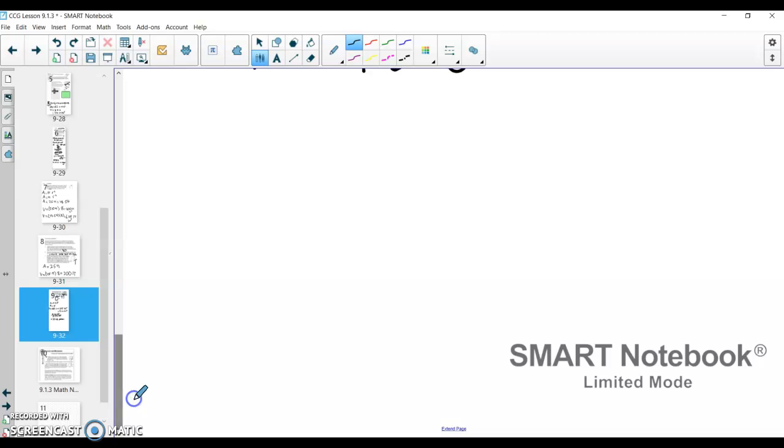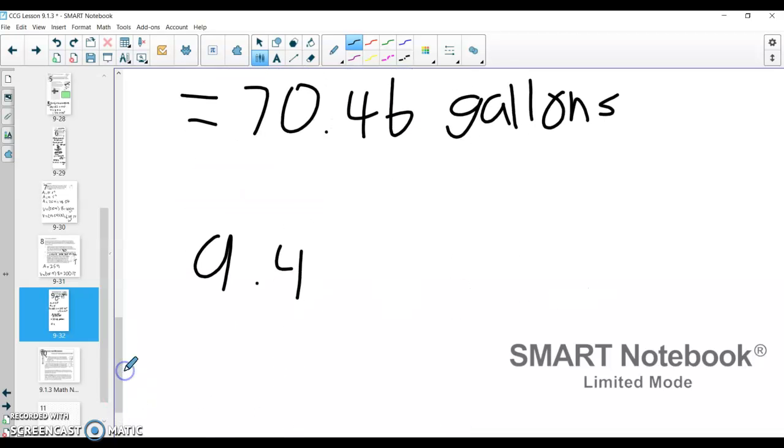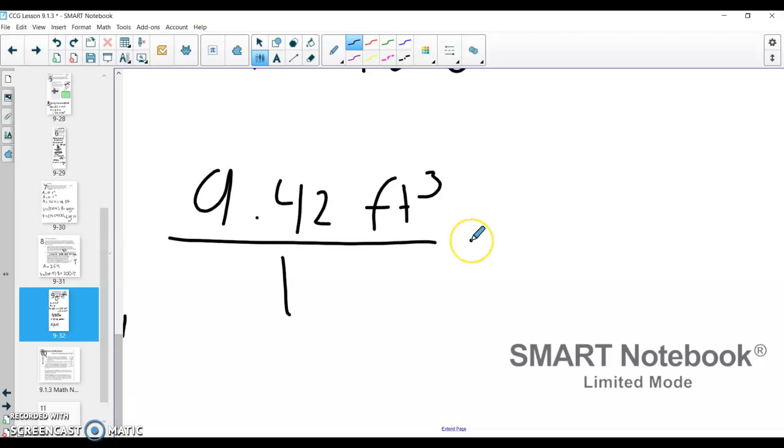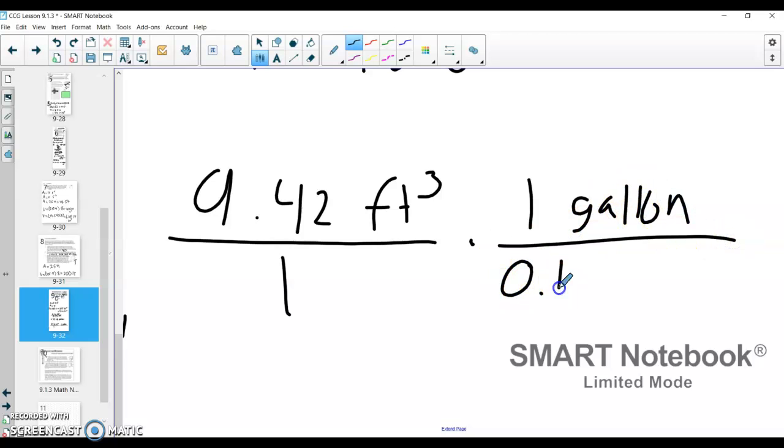Stoichiometry here, we had 9.42 feet cubed. We can put that over 1. And stoichiometry is always about multiplying to cancel things out. So we multiply here, and we say that for 1 gallon, that would hold 0.1337 feet cubed, or cubic feet.